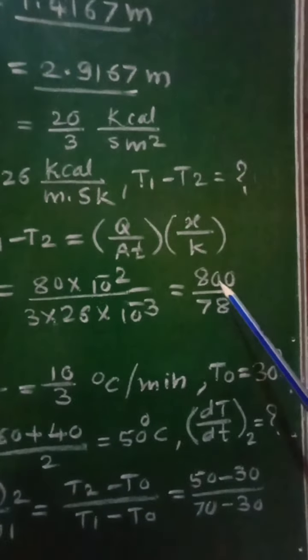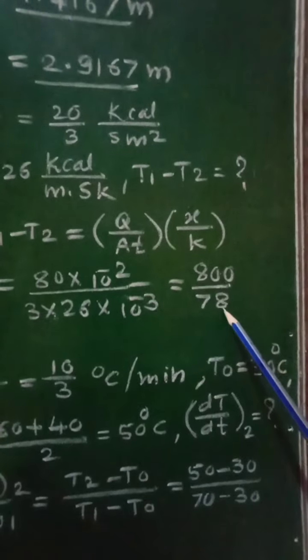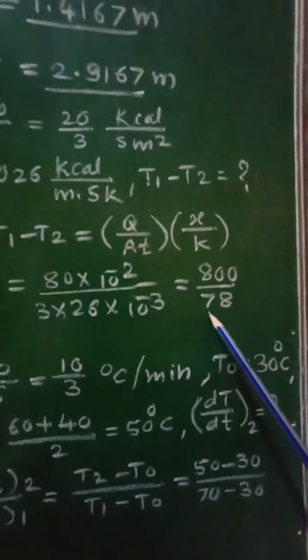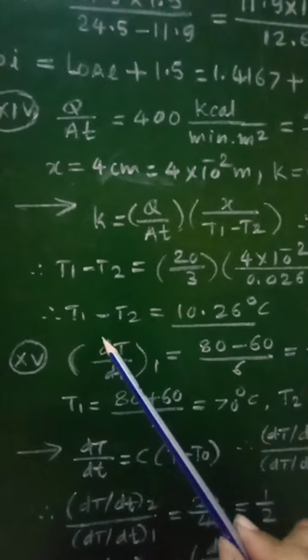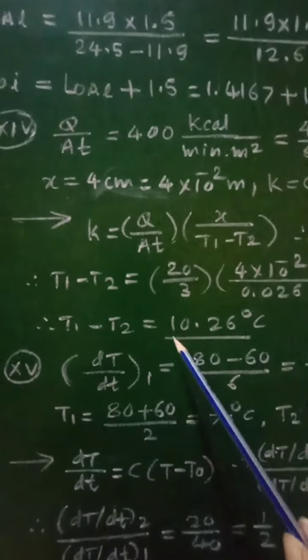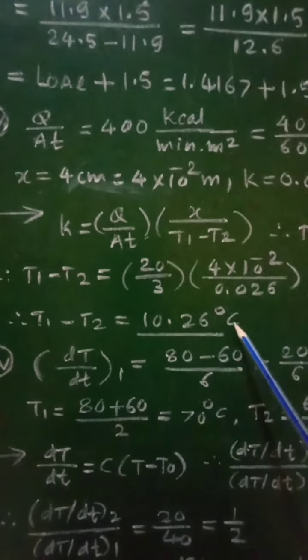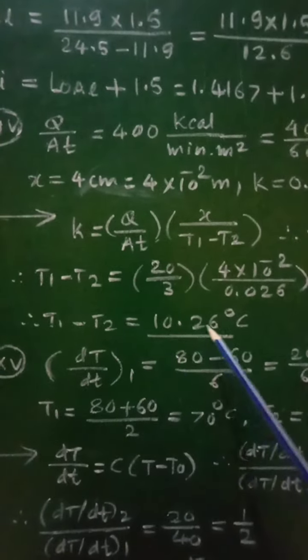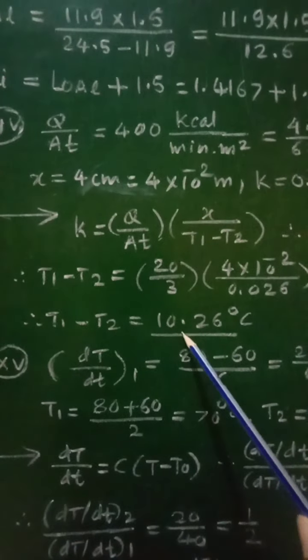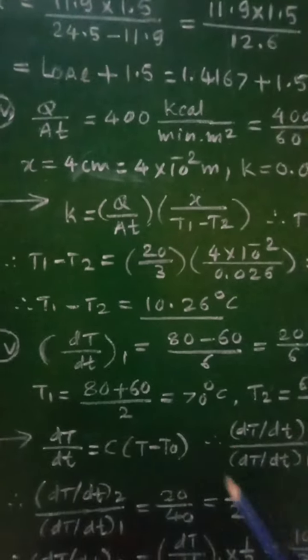Simplifying this, we will get 800 upon 78, and therefore T1 minus T2 equal to 10.26 degrees Celsius. This will be the required temperature difference.